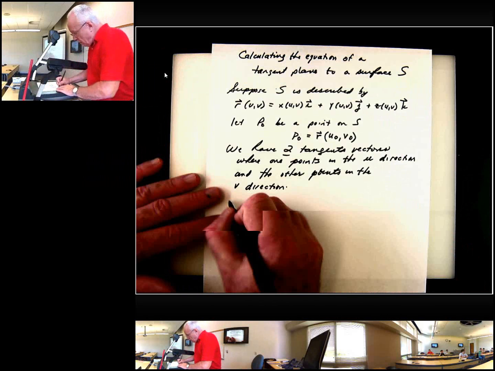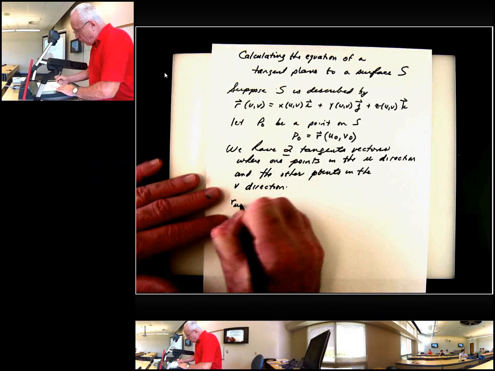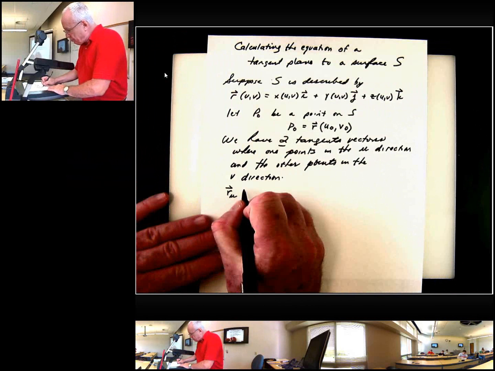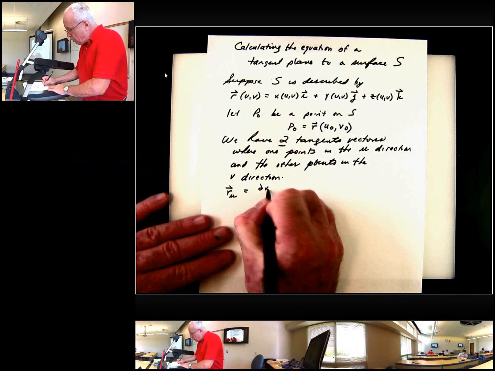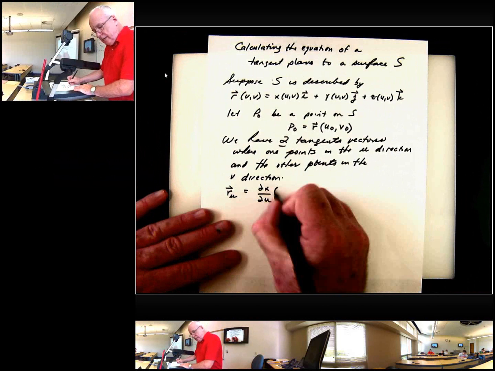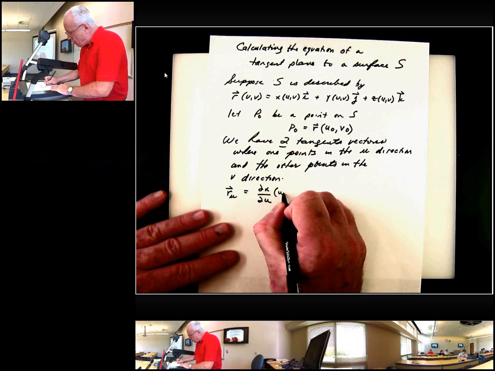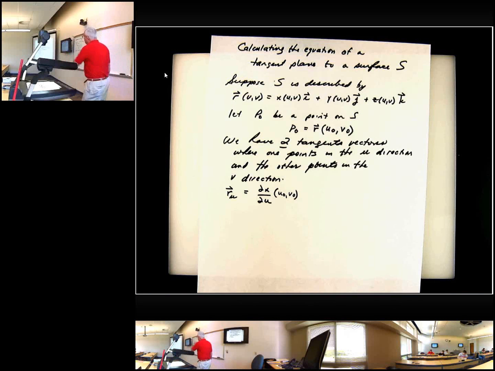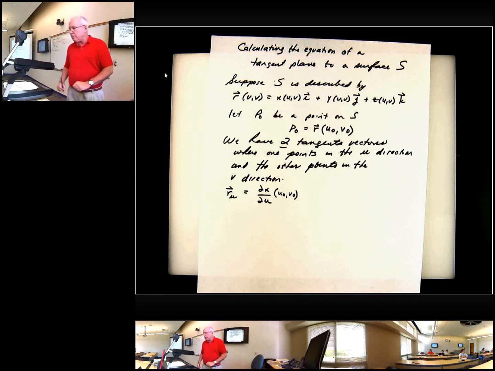So let's call it the vector r_u, one of these tangent vectors, and it's just the partial of x with respect to u, evaluated at whatever u naught, v naught corresponds to our point that we're talking about.